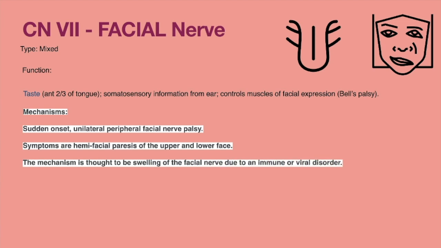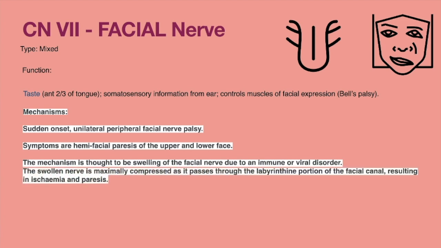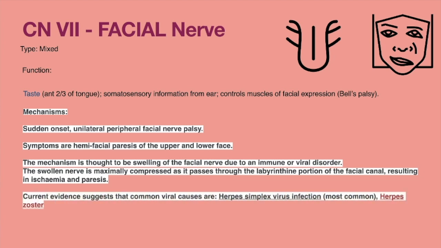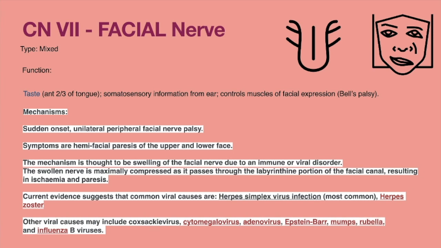And again, it's thought to be a swelling of the nerve or an effect from an immune or viral disorder, causes compression, and often these things are treated early with oral steroids as part of the management of the cases. And classical evidence at the moment is suggesting that common viral causes of herpes simplex and herpes zoster might be linked to these things, and there's a range of other things that might come up as well. So it looks like it's another one of those cases where they're not entirely sure of why this might occur.